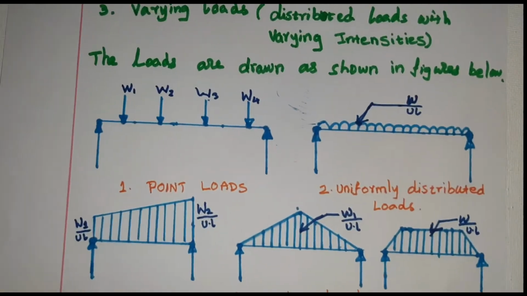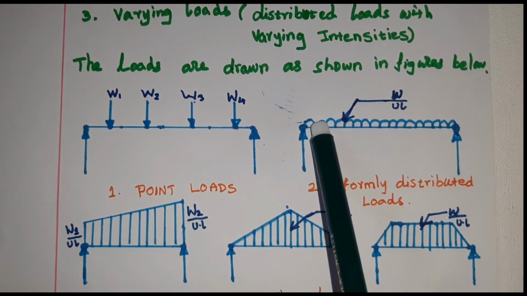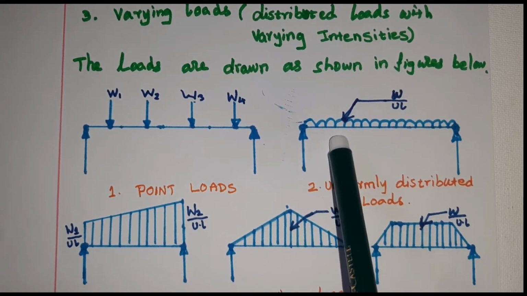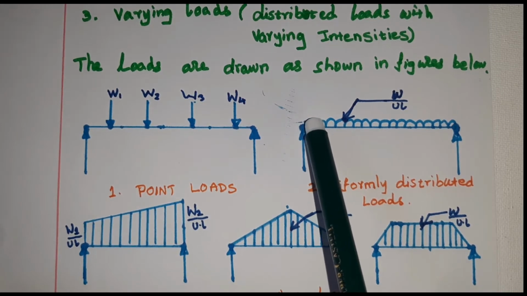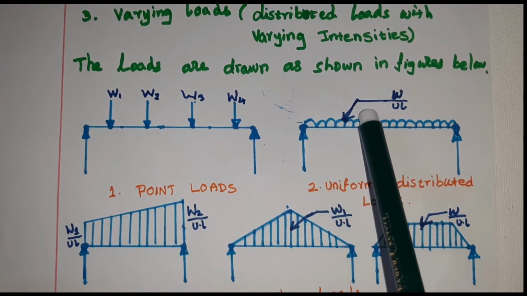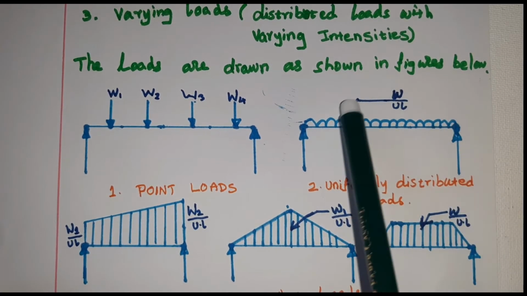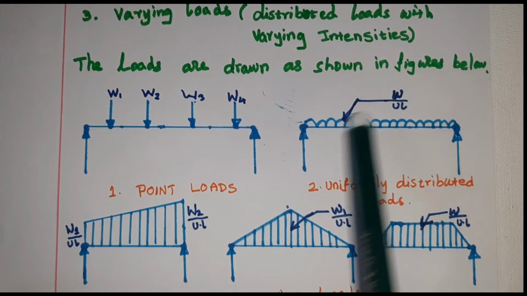Let us consider this one is a main beam and this is the load from the wall resting on the beam, or a one-way slab which is resting on this beam. So the loading pattern will come like this. We will generally mention it as a small w per unit length.